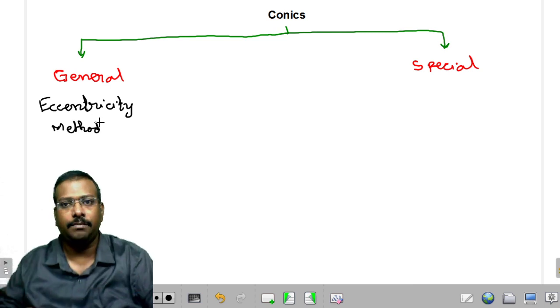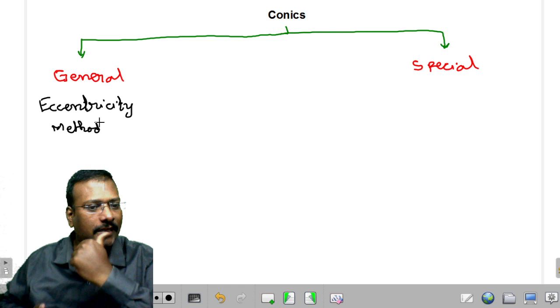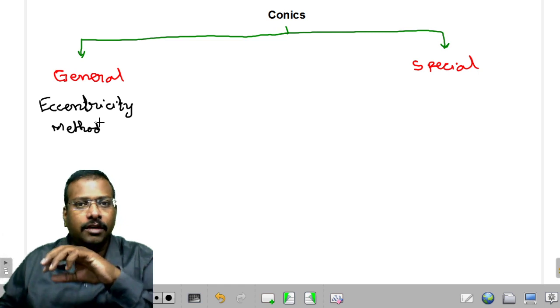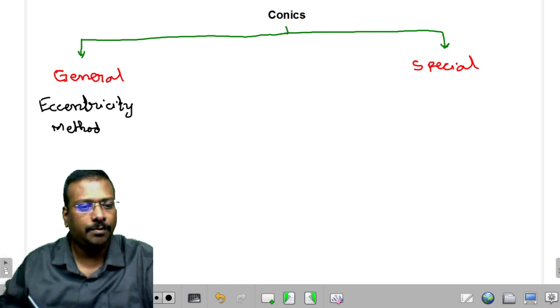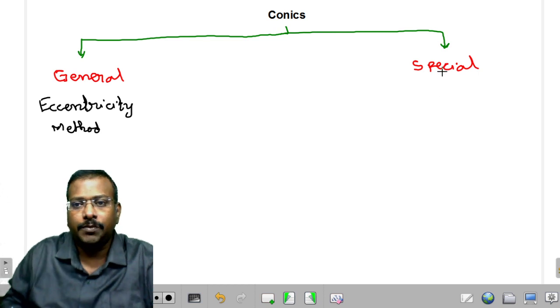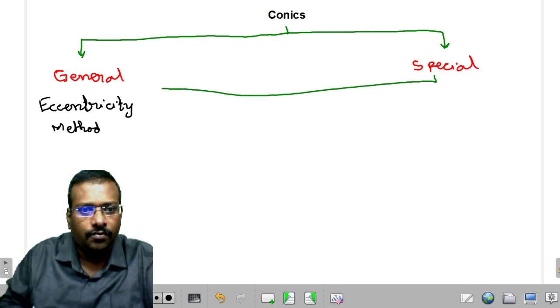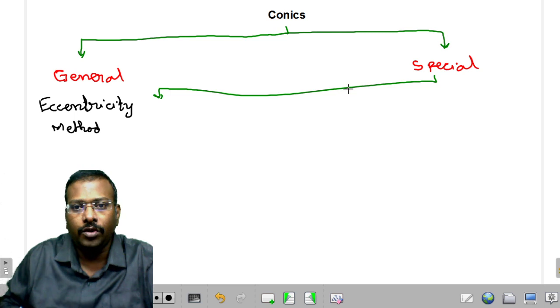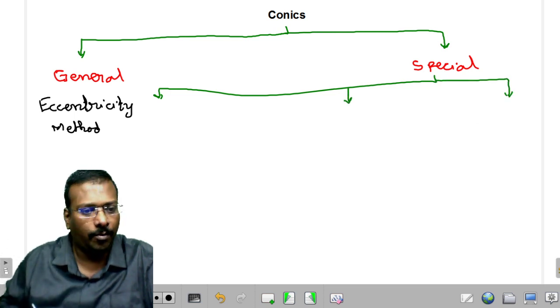What about the next one? That is special methods. A special method is applicable to the corresponding conic only.